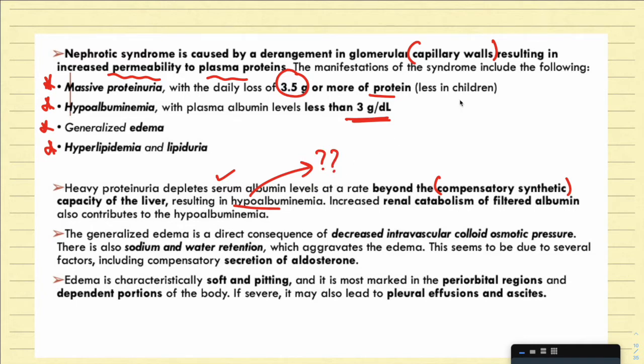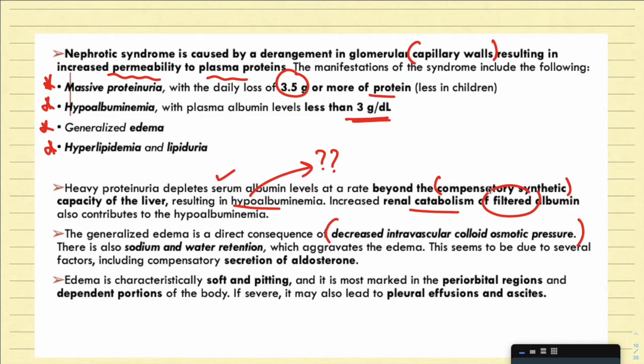Because of heavy proteinuria, the rate of depletion of serum albumin being more than the compensatory synthetic capacity of the liver results in hypoalbuminemia. Also, there is an increased renal catabolism of the filtered albumin, which also contributes to the hypoalbuminemia. Now, the generalized edema that we see is a direct consequence of decreased intravascular colloid osmotic pressure.